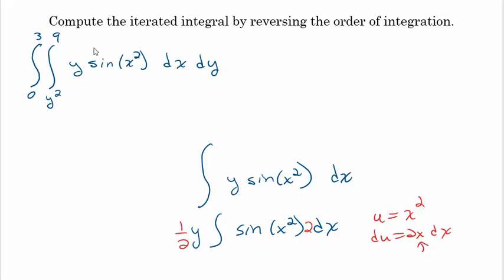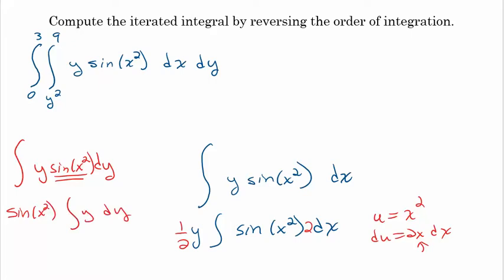Now, if I was integrating this with respect to y, dy, now I could do it, right? Because that's a constant. I could think of moving this outside of there, and I could do it, no problem. But I can't just switch these willy-nilly because I have these bounds to contend with.